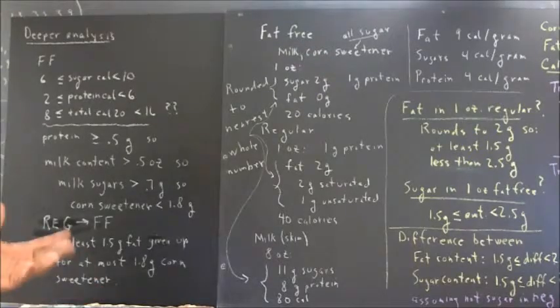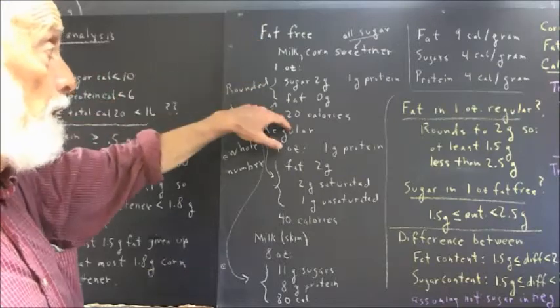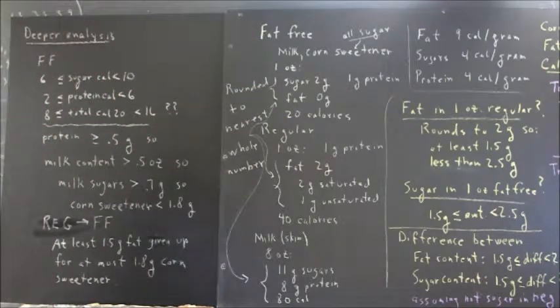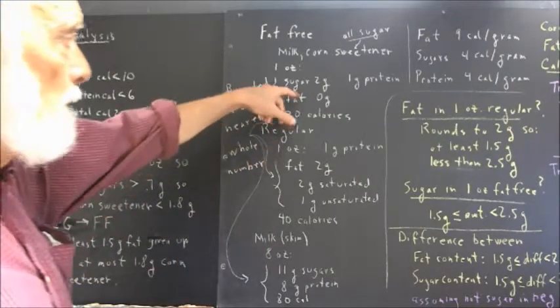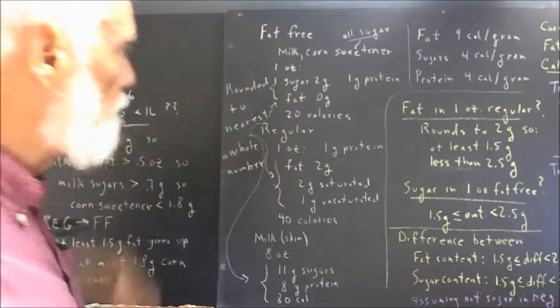Now, the analysis could go somewhat deeper. If we analyze fat-free milk a little more extensively, we can see that you have at least 1.5 grams of sugar, at most 2.5.